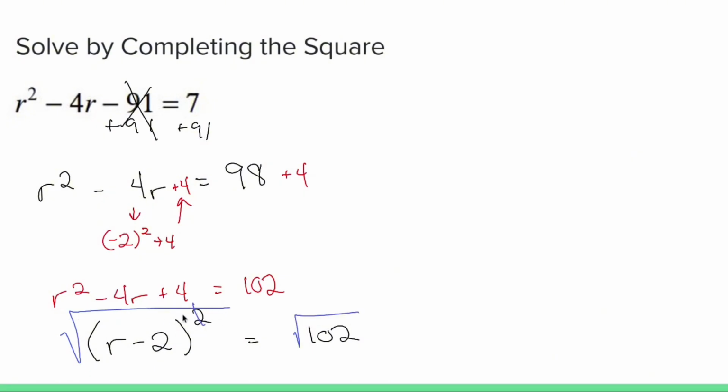Remember, when you solve and square root at the same time, you attach a positive or negative. So what we have up here now is r minus 2, because when you square the square root or square root the square, they cancel each other out. So r minus 2 is alone, equals positive or negative square root of 102. You can't do much with the 102, so I'm not going to try to make a factor tree and simplify that.